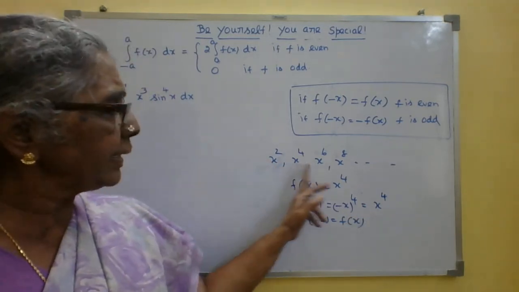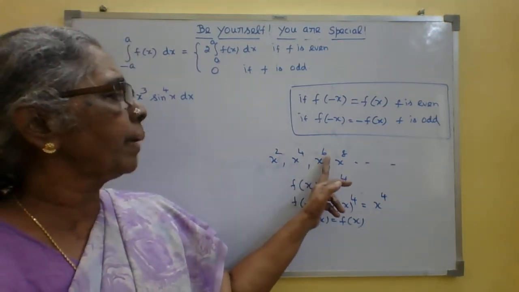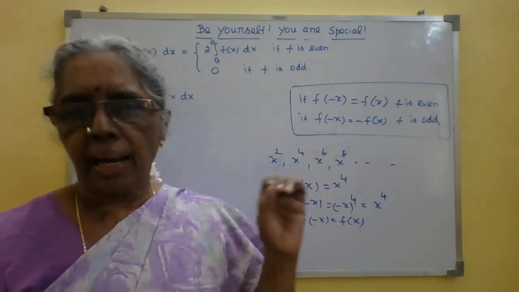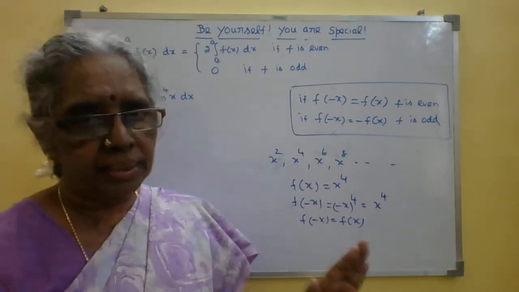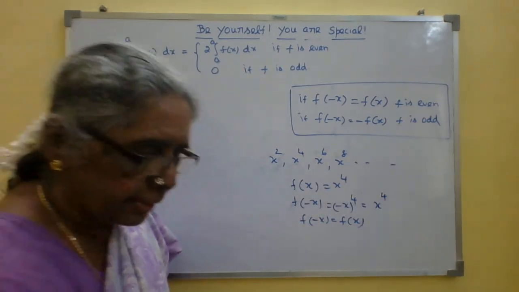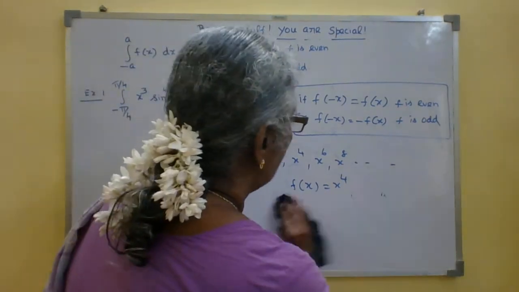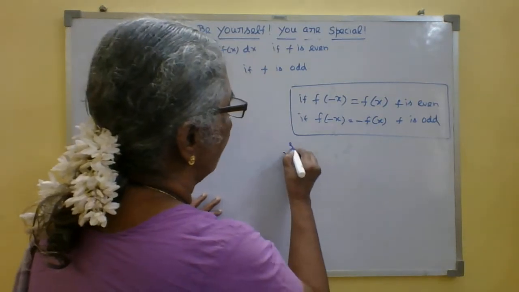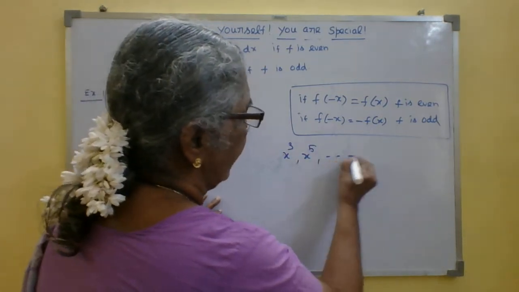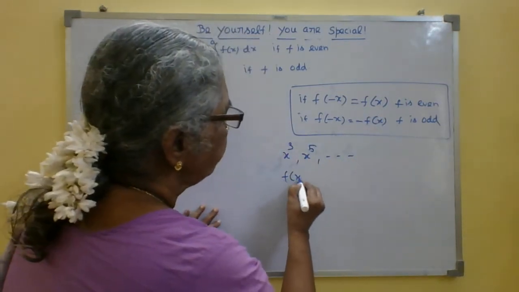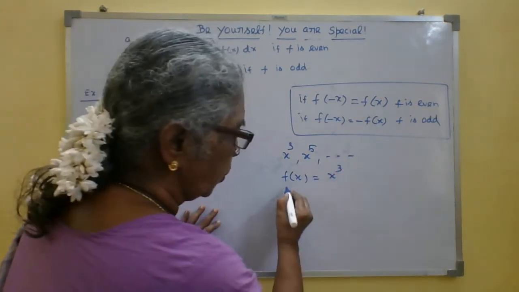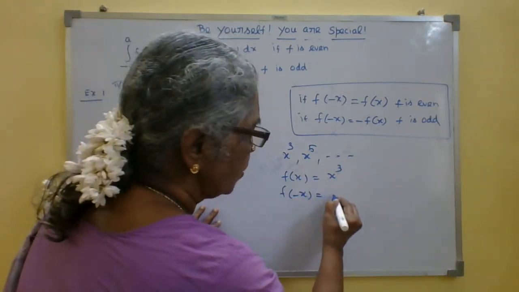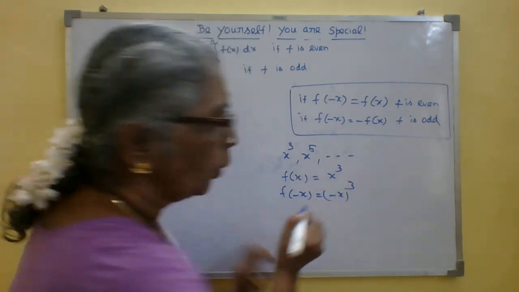So wherever you have the power as even, you will get that f as an even function. Now let us consider x cube, x power 5, etc., where the powers are odd. Now let me take f(x) equal to x cube. Now f(minus x) will be (minus x) the whole cube.